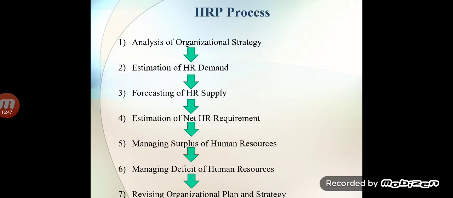Job design and job analysis help in estimating future requirement of human resources. There are several methods with the help of which demand for human resource is estimated. The widely used methods are managerial judgment, statistical techniques like ratio and trend analysis, econometric models, work study techniques, etc.